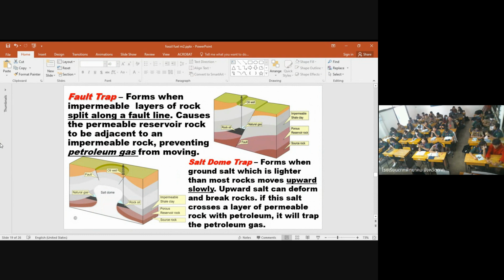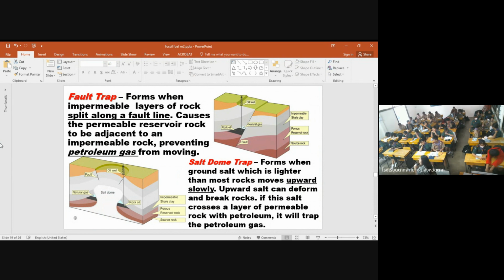This causes the permeable reservoir rocks to be adjacent to impermeable rock, preventing the petroleum and gas from moving.